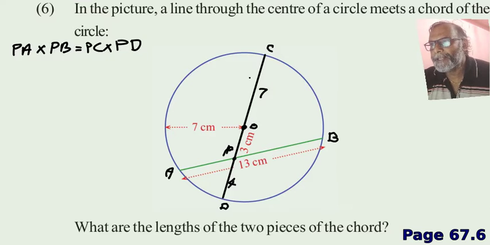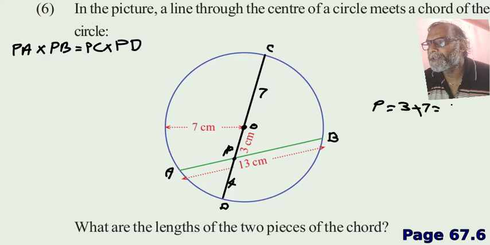That is PC is equal to 7 plus 3. See, OC is 7 and PC, actually what is PC? PC is equal to PO plus OC. That means 3 plus 7, that is equal to 10. So we can write it as PC is equal to 3 plus 7, that is equal to 10.